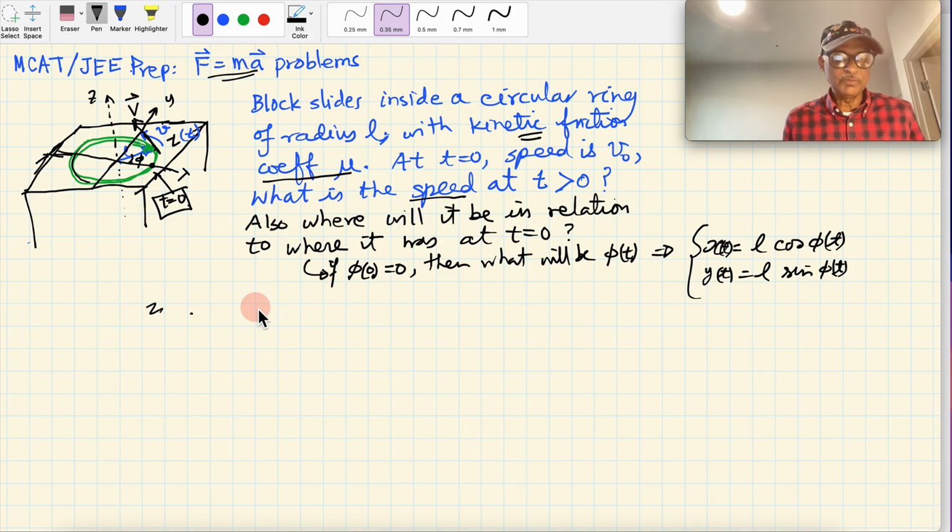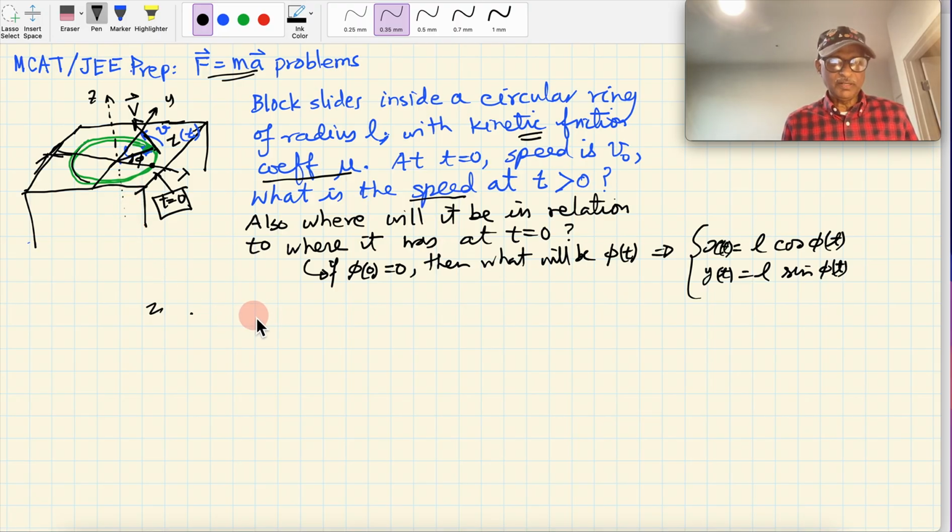So let's see, where was I? If you look at the polar coordinates, this is a radial coordinate, and this is the angle coordinate, right?